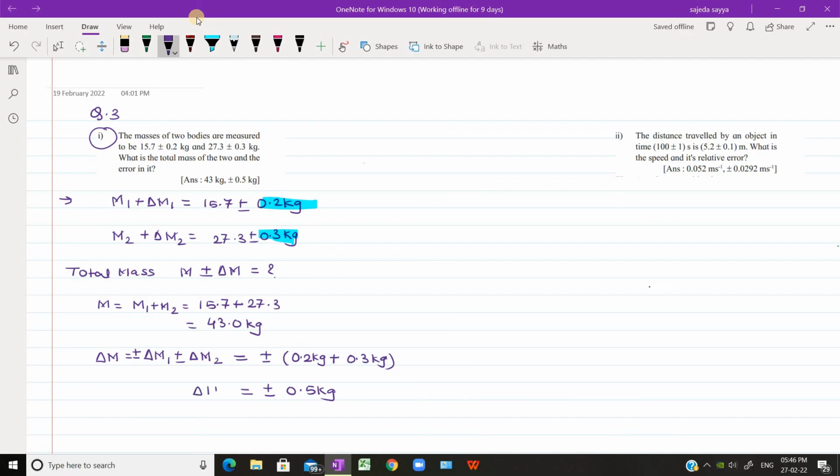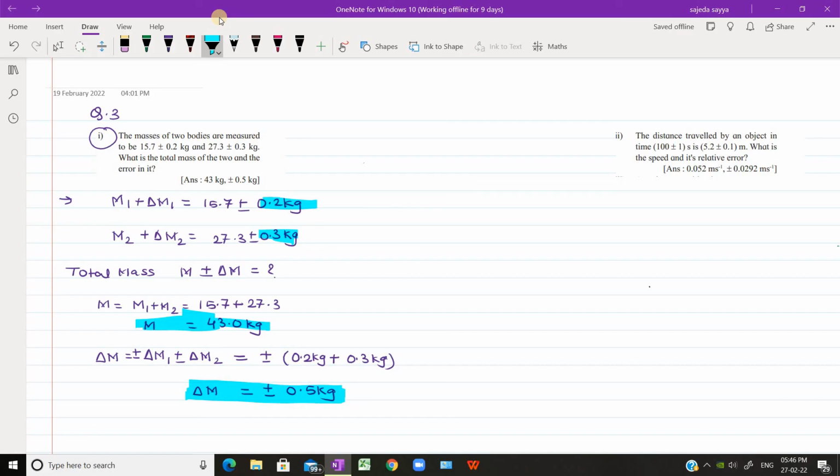It is delta M. So error in the measurement of total mass is delta M plus or minus 0.5 kg, and total mass is 43.0 kg, or it is 43 kg, which is denoted with capital M. So this is the total mass.